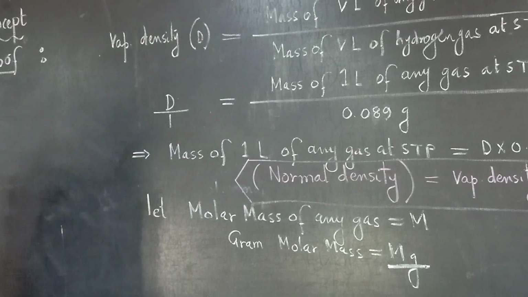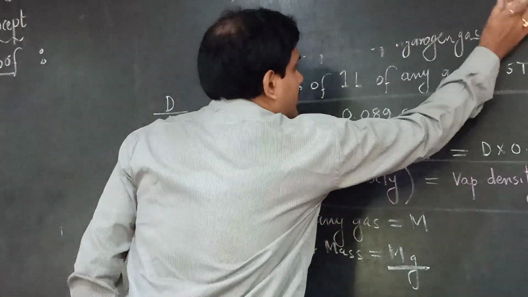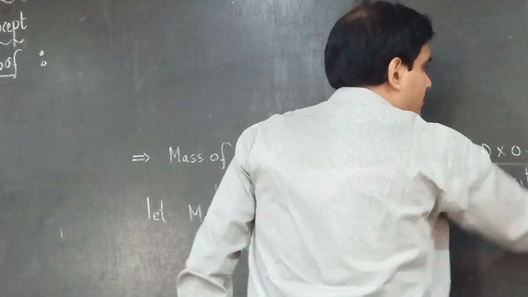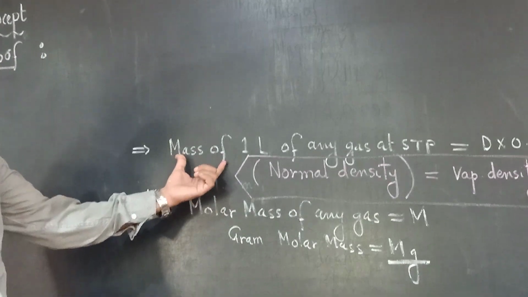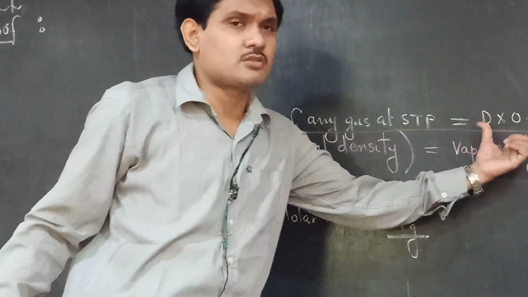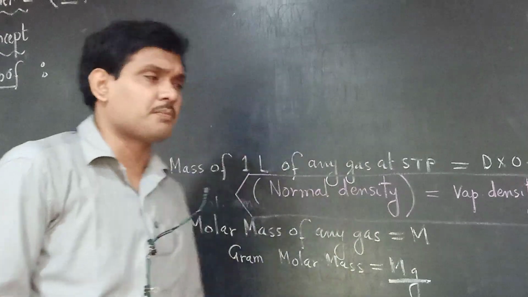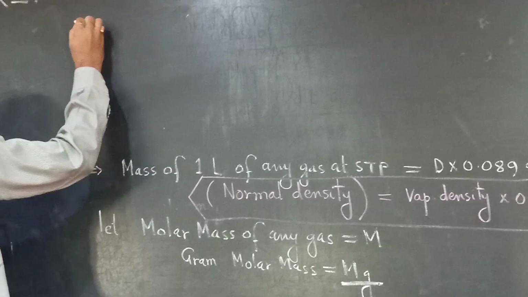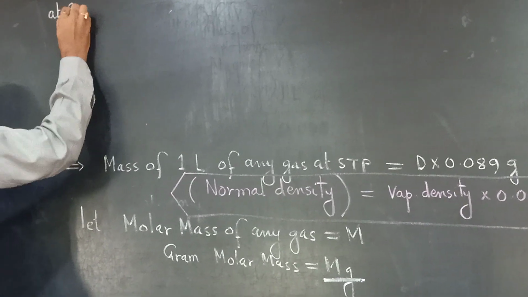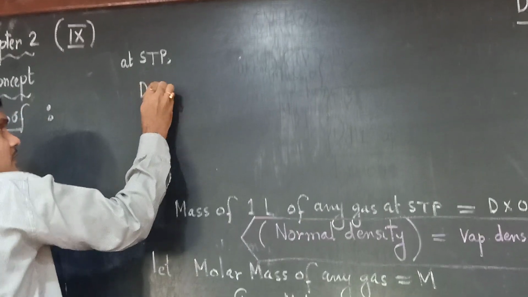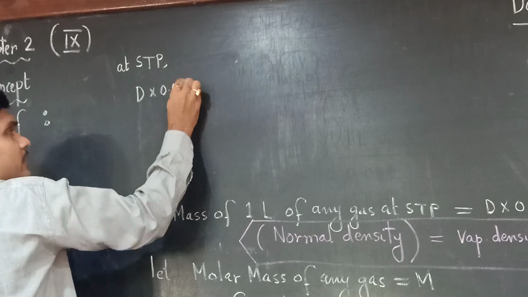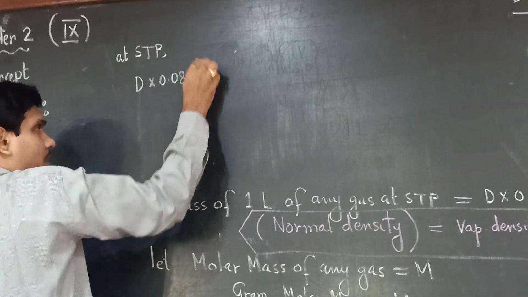So I can reverse this statement now. The mass of 1 liter of any gas at STP is D into 0.089 gram.